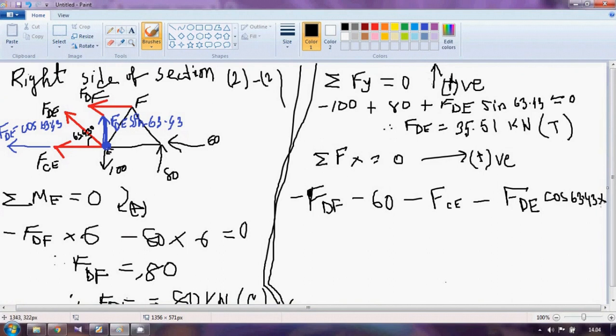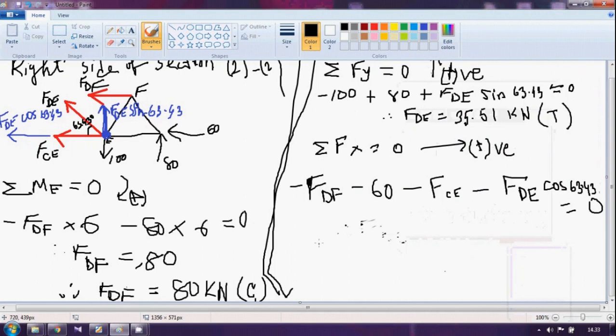Sorry, I'm not taking moment, I'm taking force, so only force will come. If it is a moment, then I will consider the distance. Any missing forces? F_DF, 60, then F_CE, F_DE, fine, equal to 0.